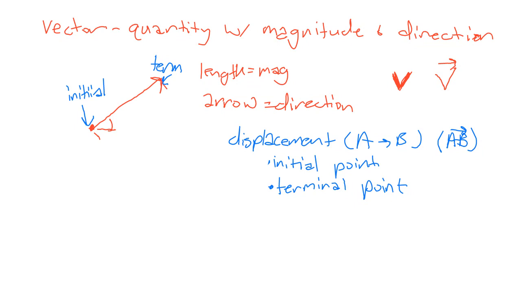All right, now let's think about vector addition, since this does come up a lot when you're talking about displacement. Technically, in the book, it has a really long definition.